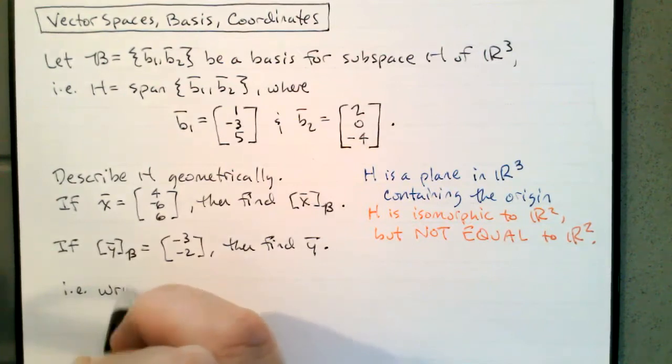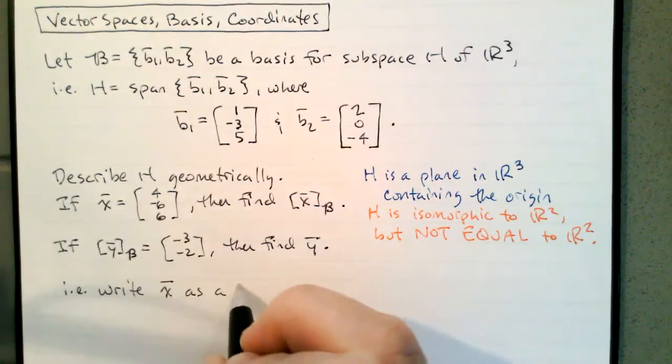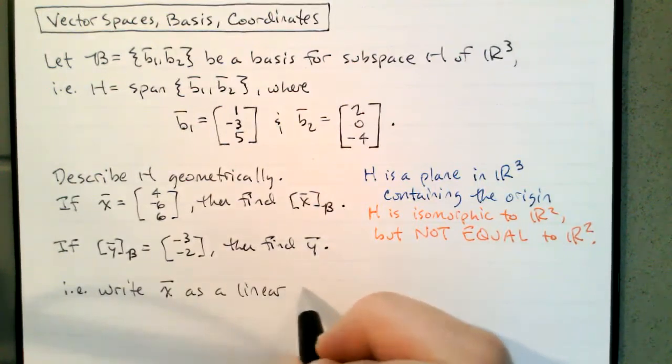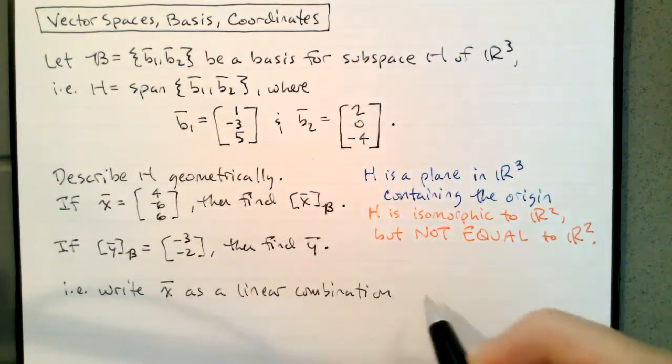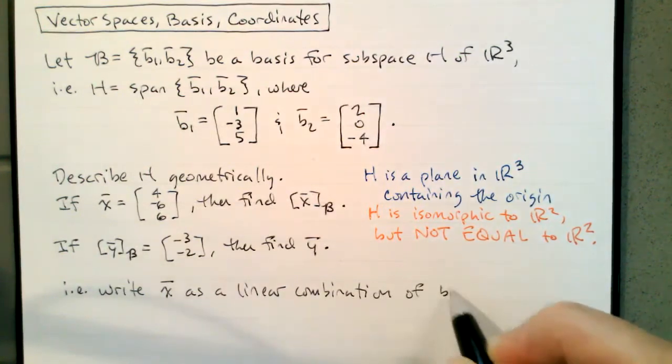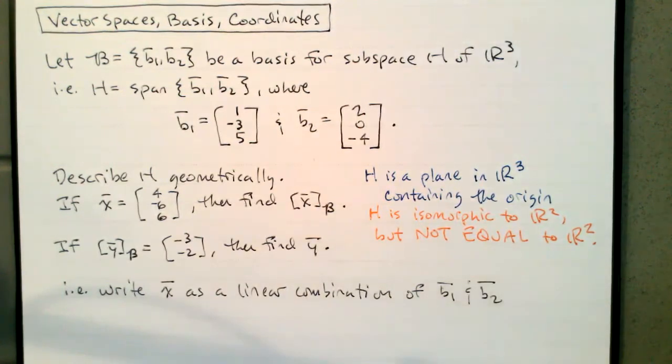So this first question is to write x as a linear combination of b1 and b2. That's what finding the coordinates of x relative to b means. Write x as a linear combination of b1 and b2.